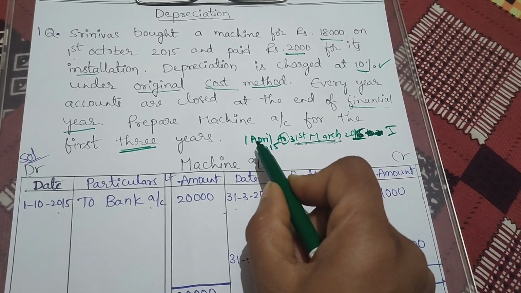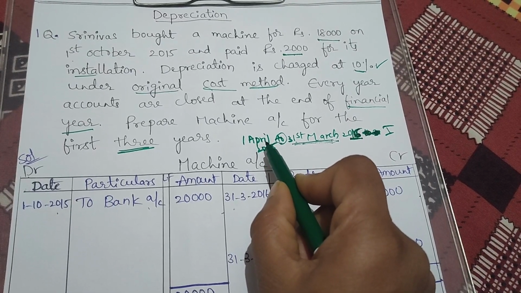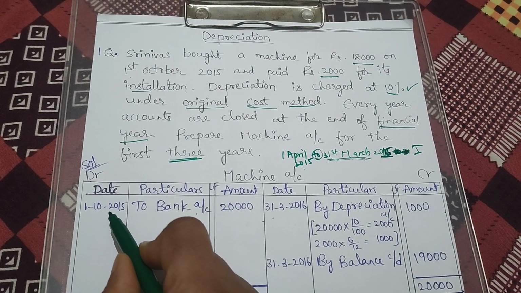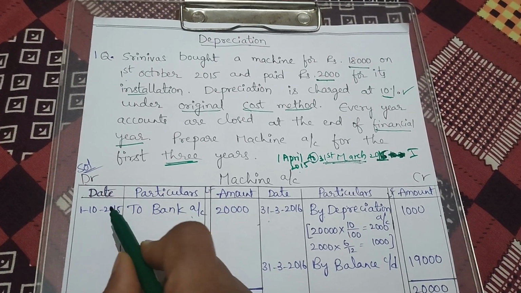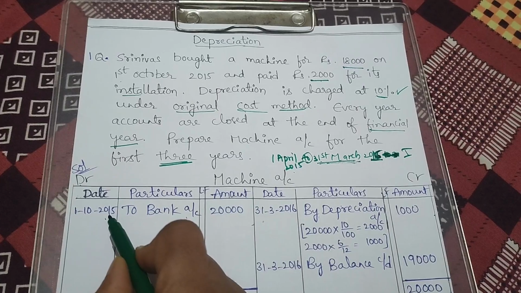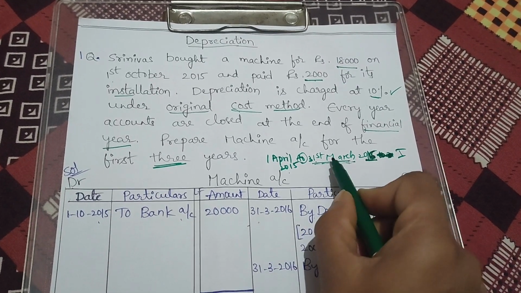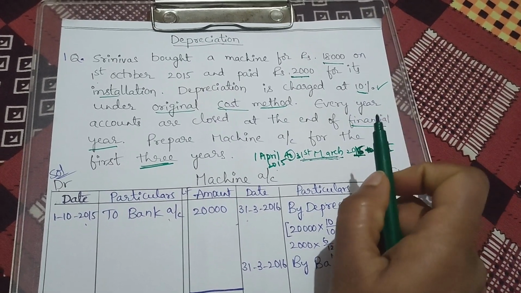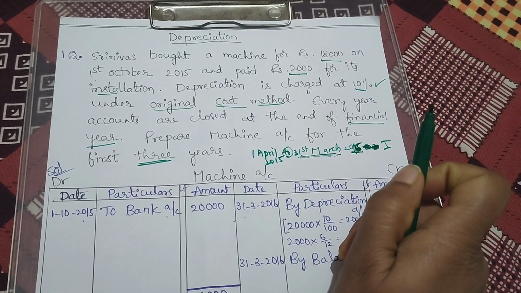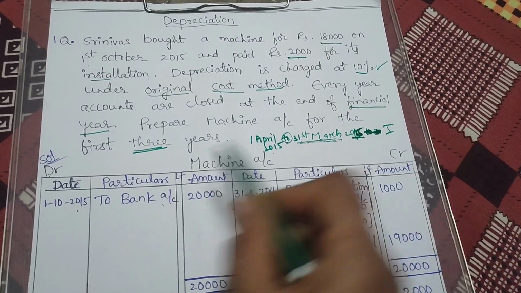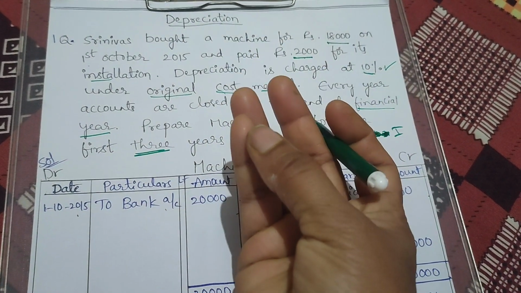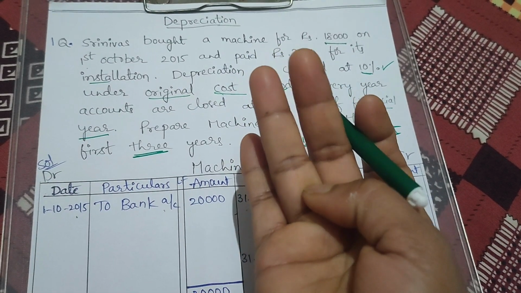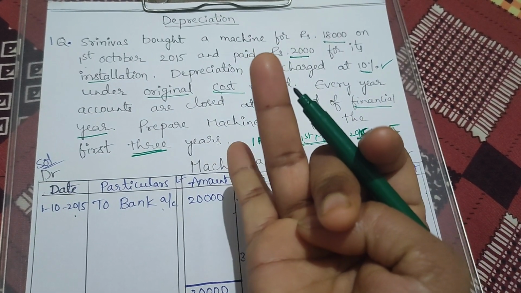Actually the year starts from April, but we did not purchase the asset on 1st April. We purchased it on 1st October. From 1st October till the closing date, 31st March 2016, how many months did we actually use the machine? That should be considered. October, November, December, January, February, March. So we used it only 6 months.